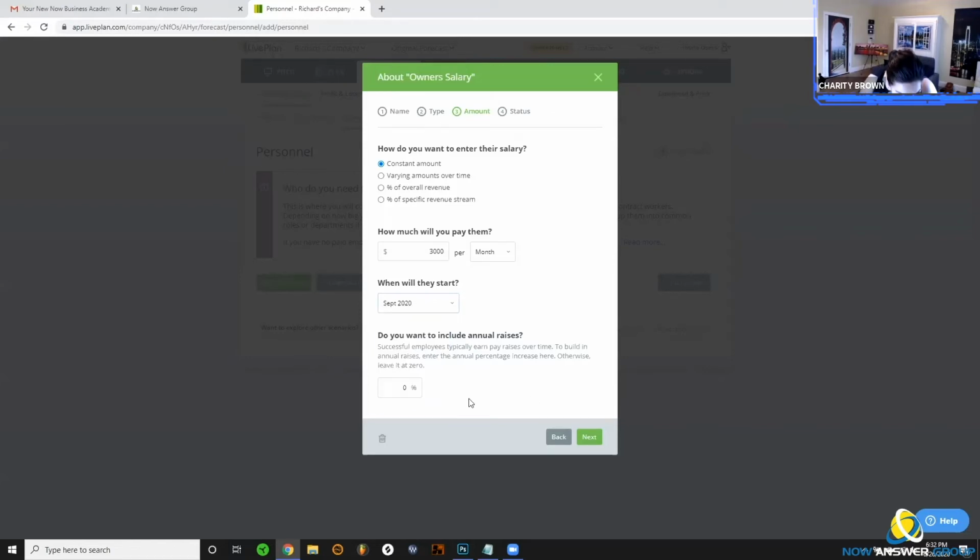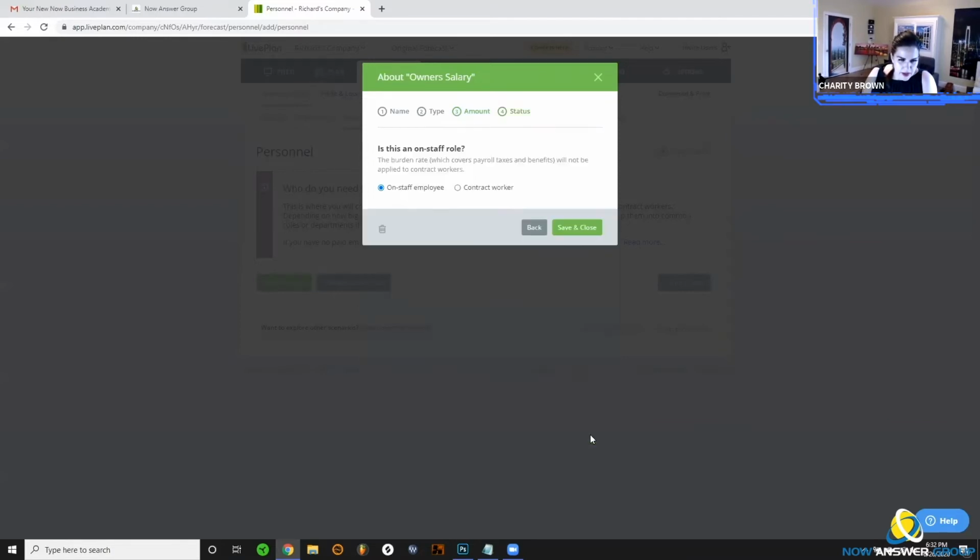You want to include an annual raise. So let's say that the owner always gets a 25% increase every year. And is this an on-staff role? You can also choose contract worker.